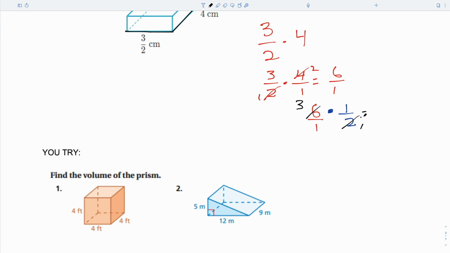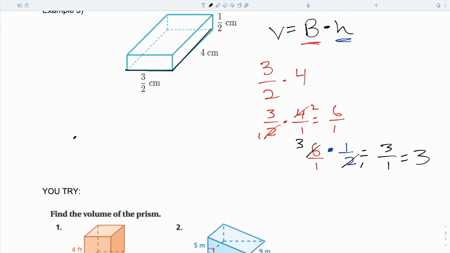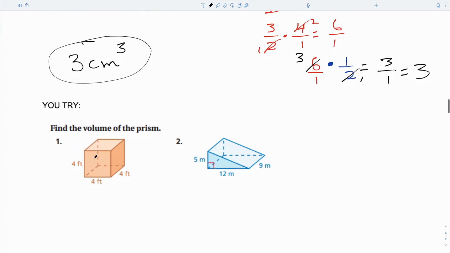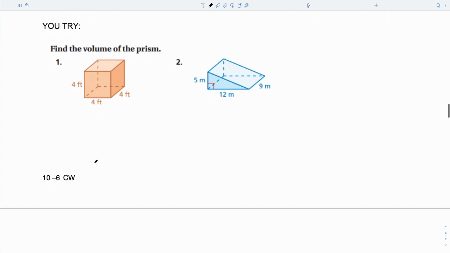Blake. 3. Your volume is 3 centimeters. What? Cubed. Not squared, not just centimeters, but cubed. There it is. Try 1 and 2 on your own. You have 2 minutes. Go.